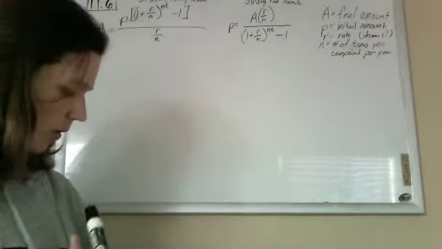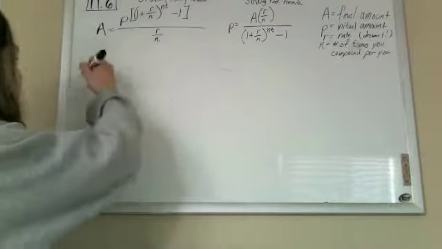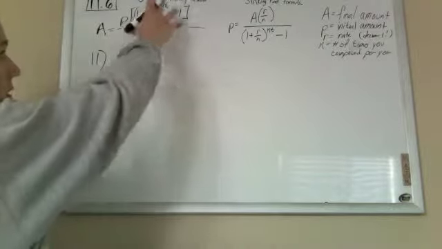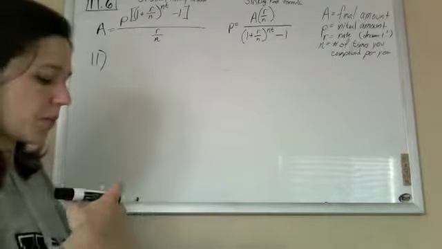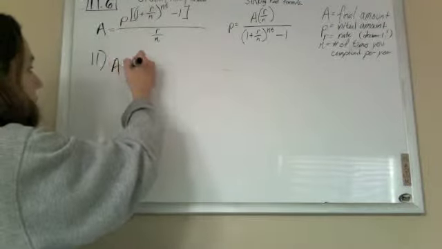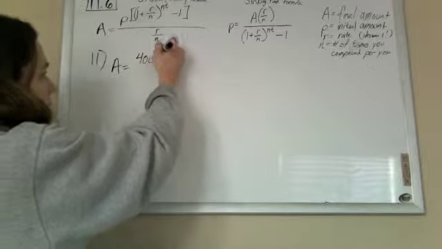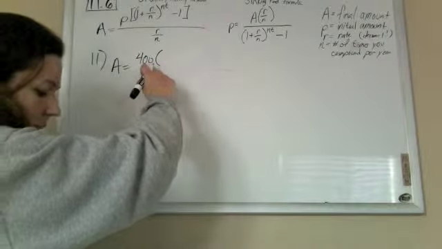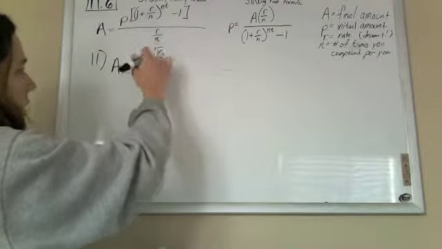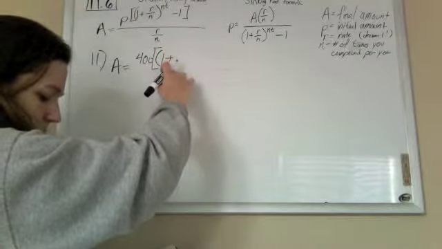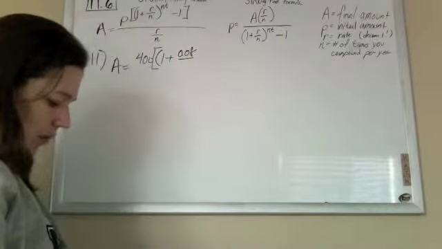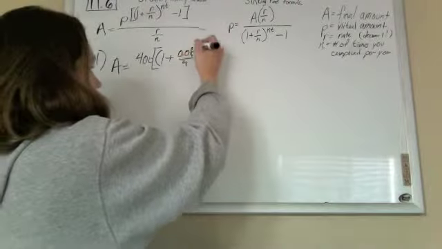Okie dokie. So we're doing it again for number 11. And they still want us to use the ordinary annuity formula to find out how much money we're going to have if we invest. So the final amount will be the $400 we invest times, sorry, forgot the brackets, 1 plus 0.08 divided by 4, since we're compounding quarterly.